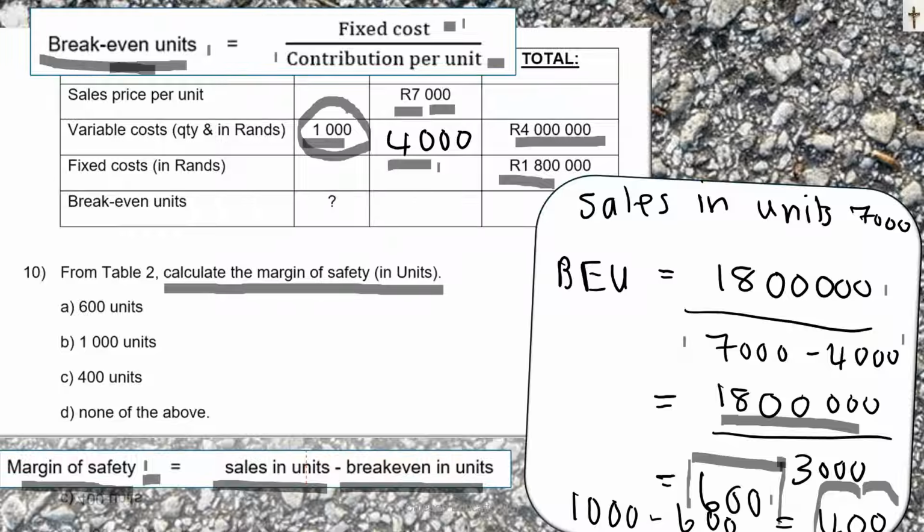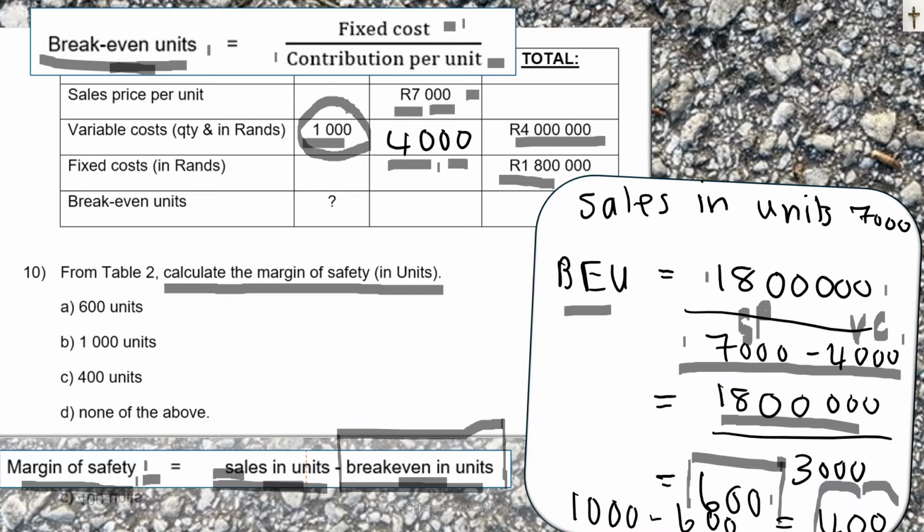The formula is sales unit number minus the break-even unit number. The first thing we need to calculate is the break-even unit number, which is the fixed cost divided by the contribution per unit, which is per unit selling price minus per unit variable cost, 7,000 minus 4,000.